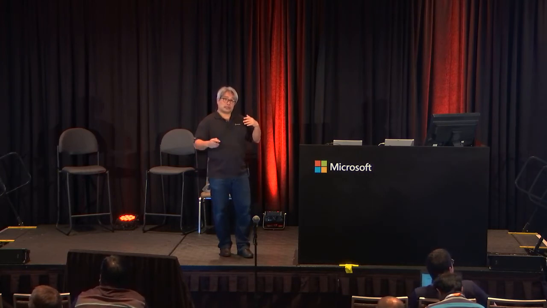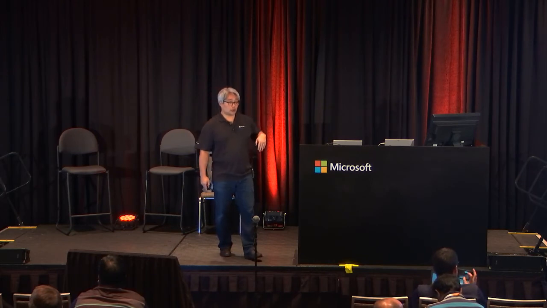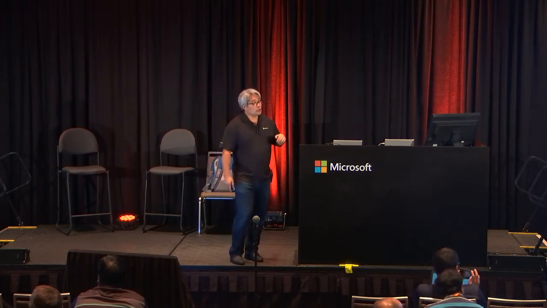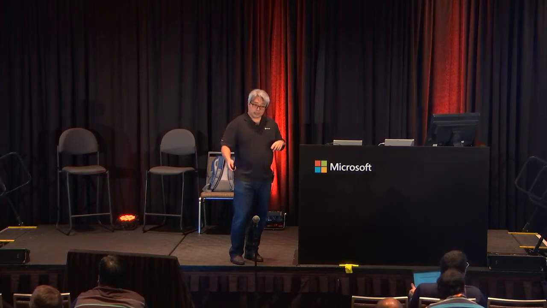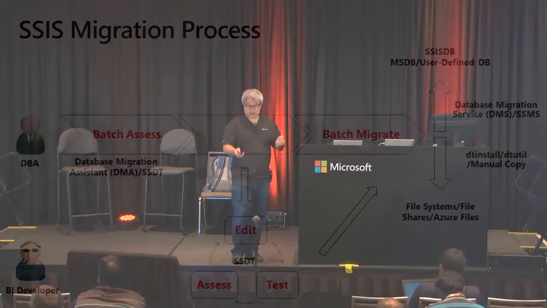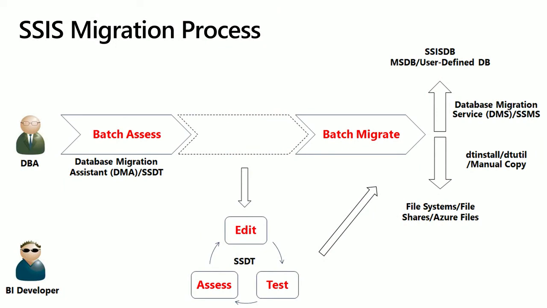DMS is actually a bit behind DMA. DMA already supports all kinds of package stores, but DMS only supports SSISDB right now. In the future, DMS will also support migration from file system or MSDB or package store, right? Or you can use DTUtil. DTUtil can do a batch migration of all files from file system to Azure Files, okay?